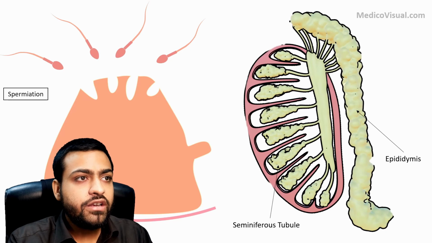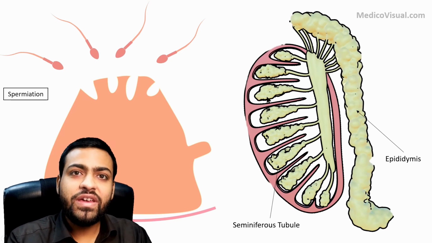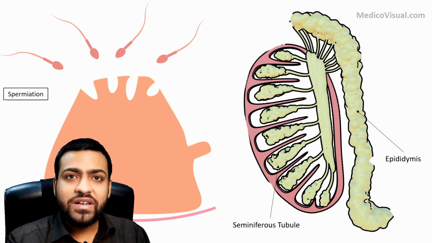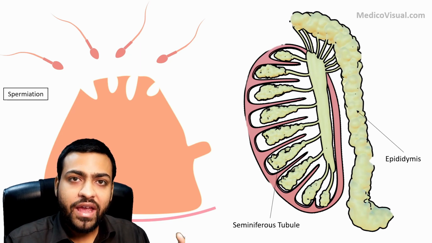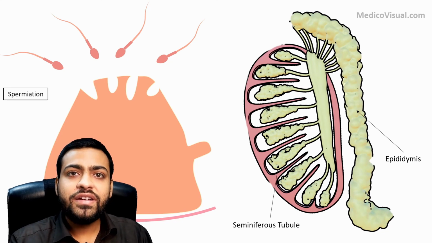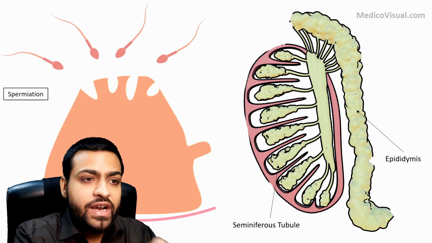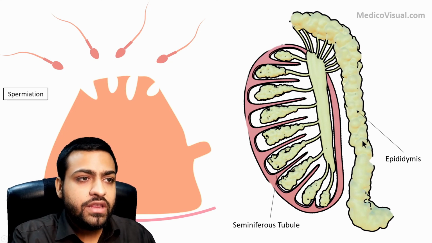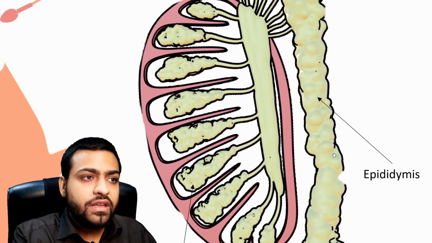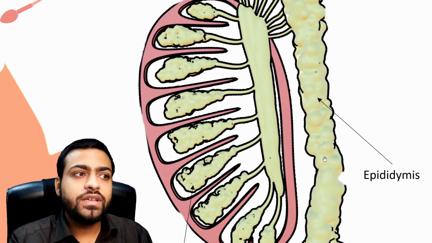Now I have a little question here. I have told you that in seminiferous tubules, the sperms are protected from the hazard of immune system with the help of blood testis barrier. Now what thing protects the sperm in epididymis from immune system?